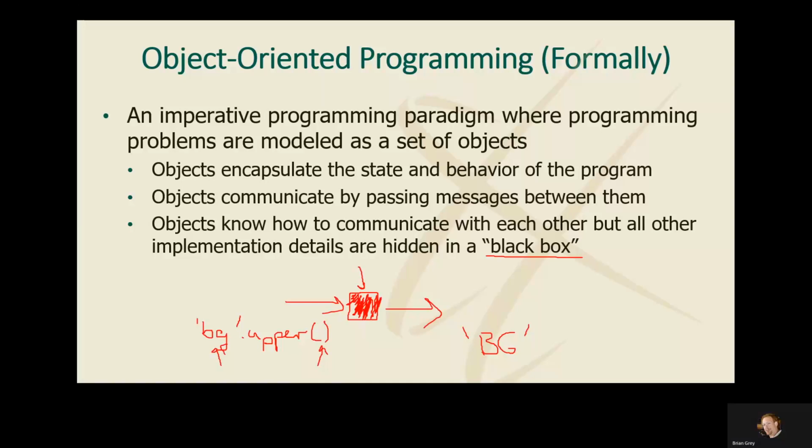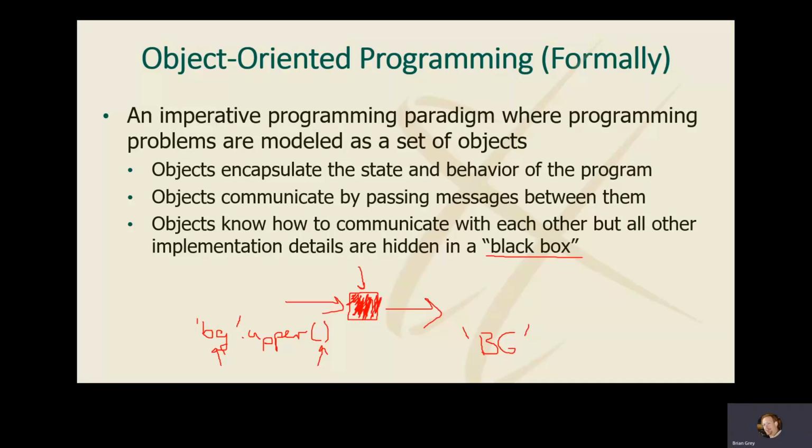Now, you and I know how strings work and can probably take a guess at what's going on inside. It's probably doing some checking of ASCII or Unicode values, right? Turning each character in the string into a Unicode value and going, hey, is it within the range of the Latin alphabet?